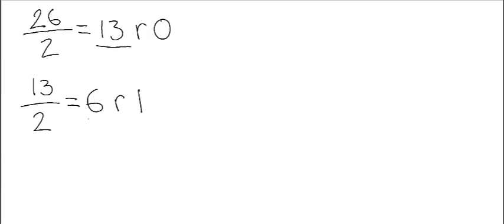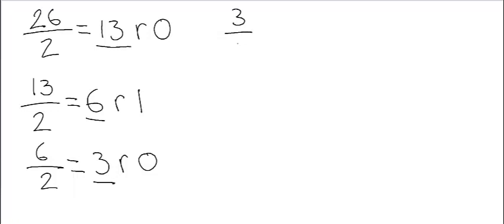Now, let's take that number and divide it by 2. Now, 6 is an even number. 6 divided by 2 is 3. We don't have any remainders because 6 divides perfectly by 2. Okay, now let's take that number and divide it by 2. 3 divided by 2 is, well, 3 is an odd number, so let's subtract 1. 2 divided by 2 is 1.